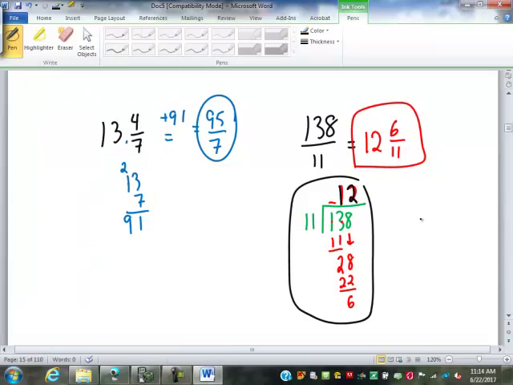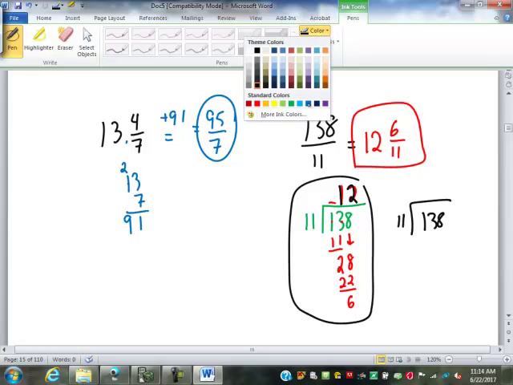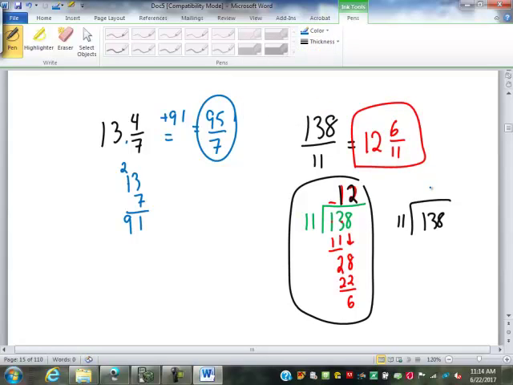Let me write this all out. So I divided and I got the 12. 12 times 11 is 132. And then I subtract to get the 6. So then it's 12 and 6 elevenths. So your calculator can shorten that up a little bit rather than doing it all out by hand. But I still write this out just so I keep track of where the pieces are.